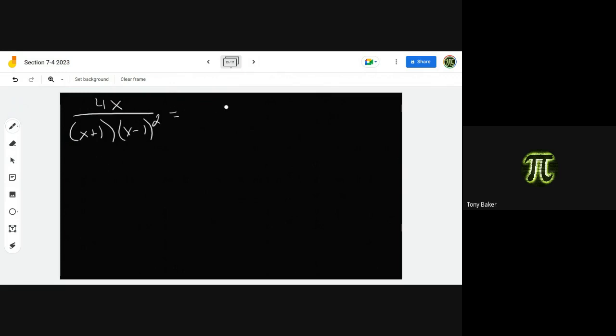So I have A over x plus 1, B over x minus 1, and C over x minus 1 squared. What are the numbers I'm going to set x equal to?